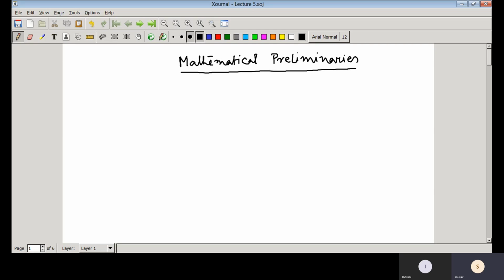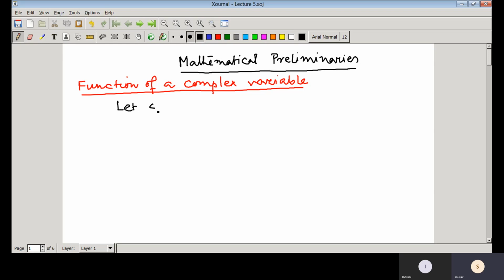So let us start. What is a function of a complex variable? Let s be a complex variable.